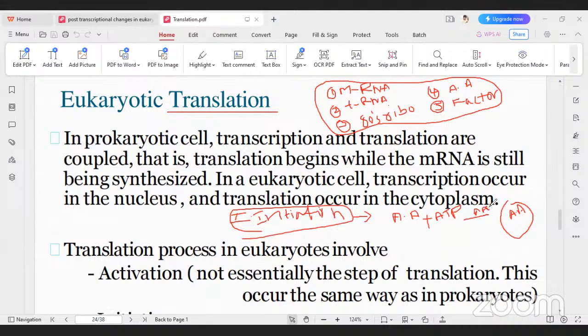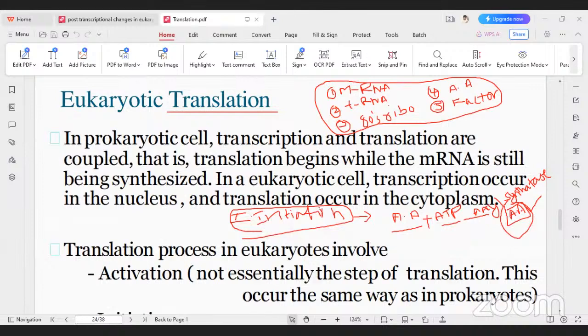Write down all this. With the help of ATP and amino acyl synthetase, the inactive amino acids are activated.